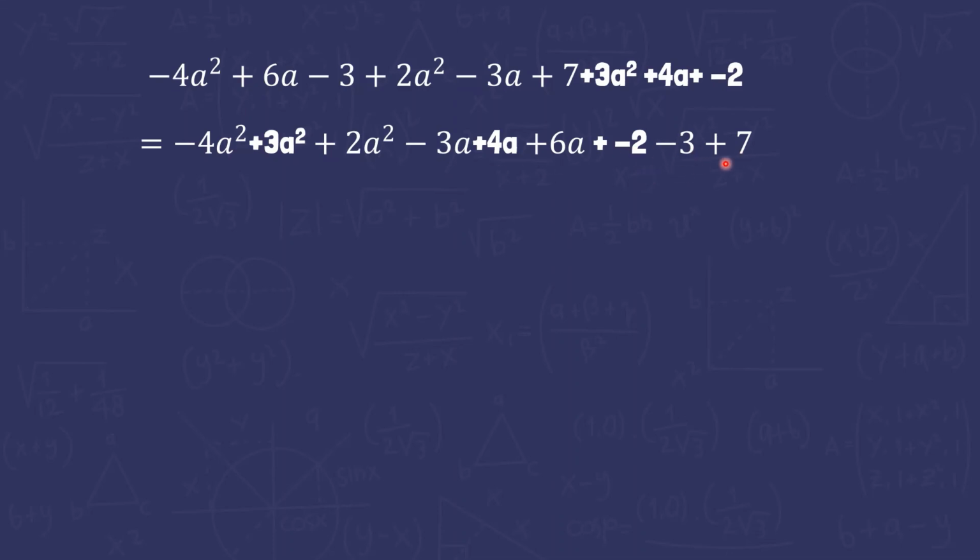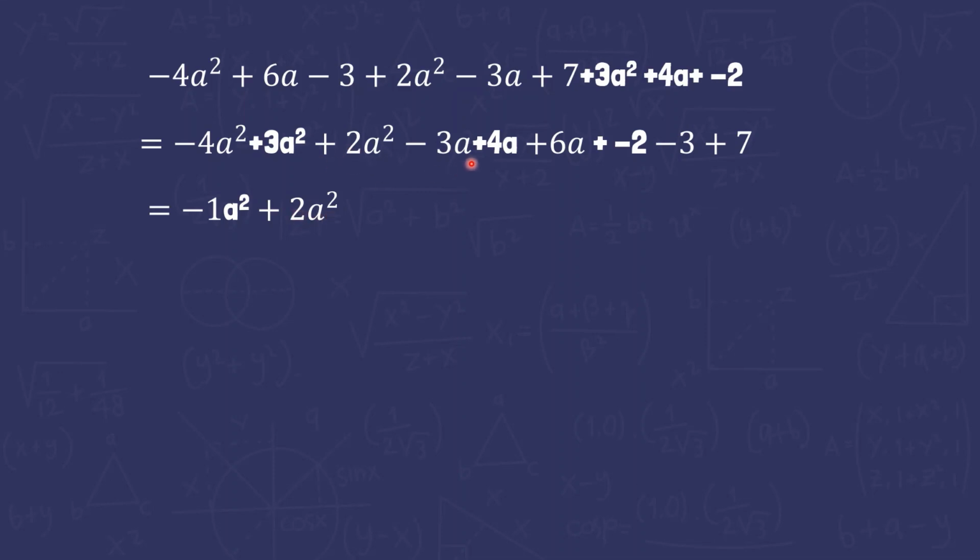The next thing we're going to do is solve these two first, alright? So these two have different signs, so we're going to be subtracting them, and we get the answer 1. And we're going to be using the sign of the greater number, which is the minus sign. Minus 1a squared, and we're going to put 2a squared as it is.